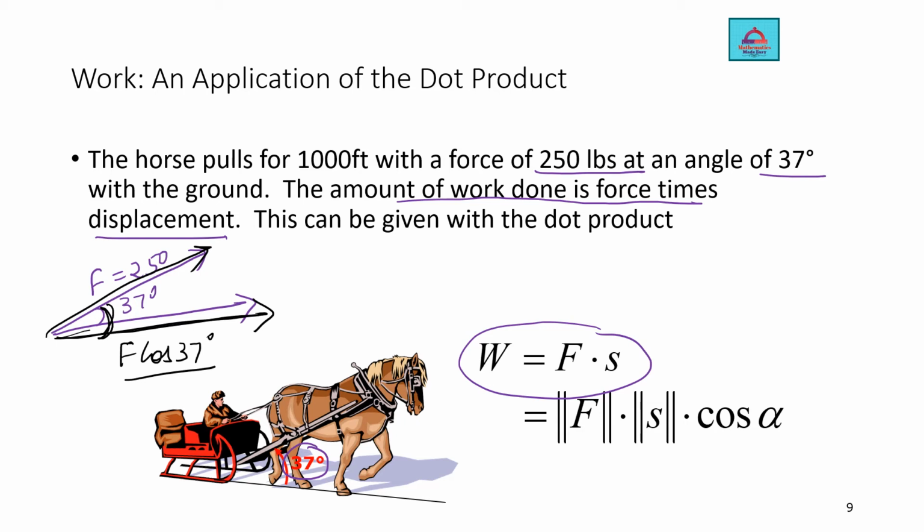So that's why you have the absolute value of force multiplied with the absolute value of displacement with the cosine of the angle, because the cosine trigonometric ratio, if you remember SOHCAHTOA, is related to the horizontal. That's why we are taking the cos of the angle. So that's how the dot product is an important concept that you need to understand in order to calculate work and solve word problems.